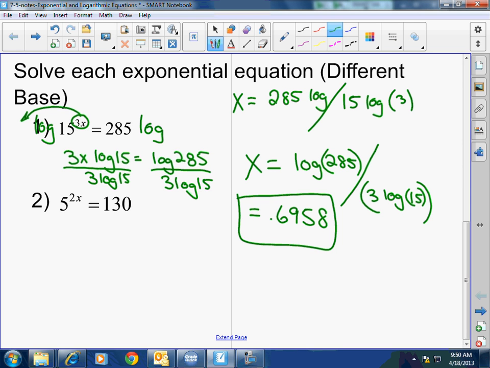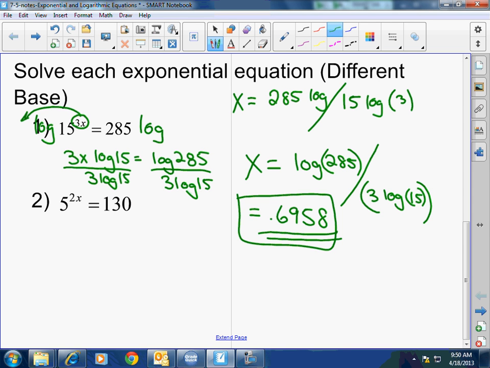Very, very weird. I don't like that. That's why I want you to get the correct calculator. Get a calculator that goes forwards, not backwards, please. But the answer is 0.6958.